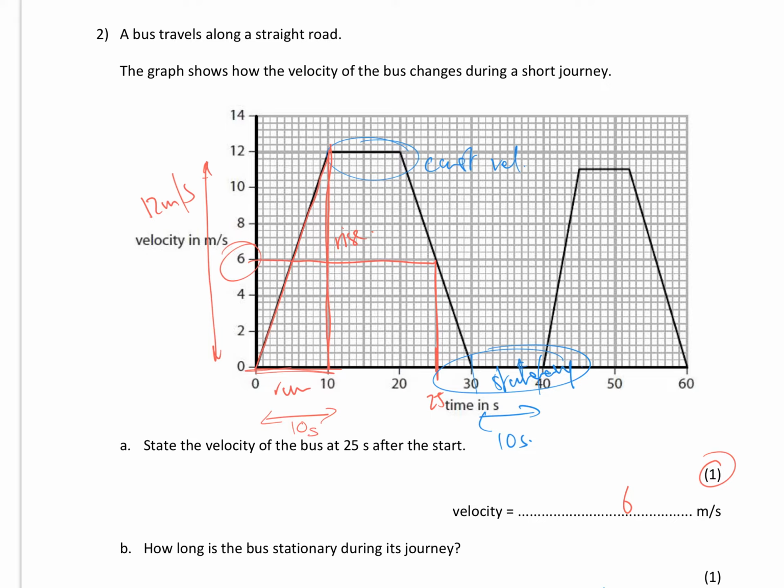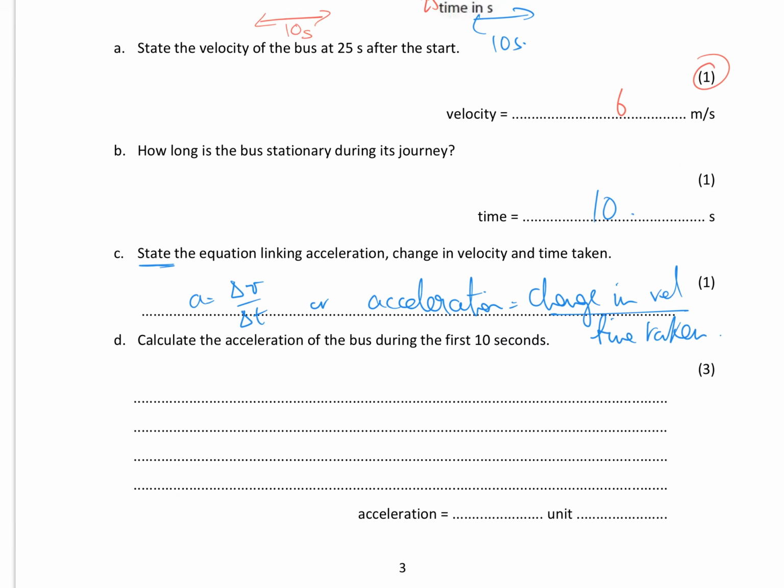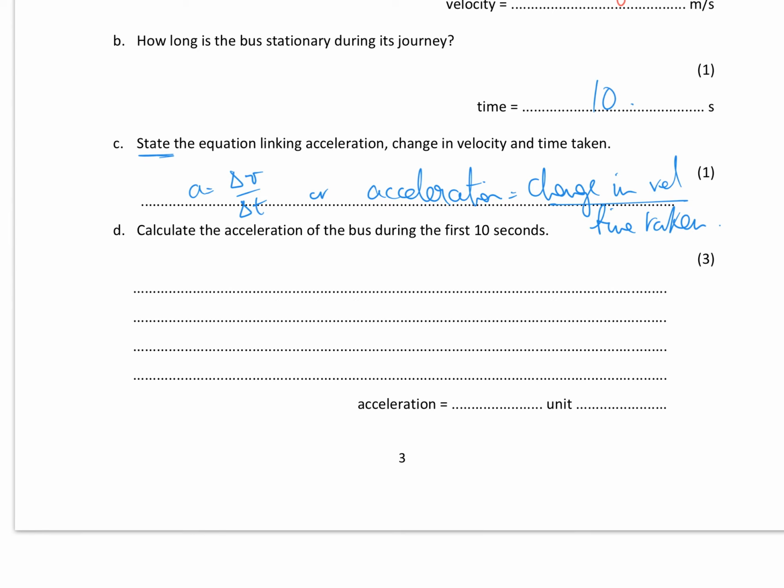So the gradient is the rise over the run, which is 12 meters per second over 10 seconds, giving us 1.2 meters per second squared.